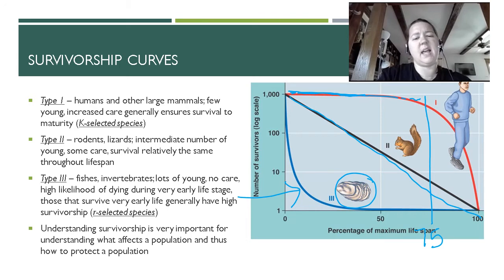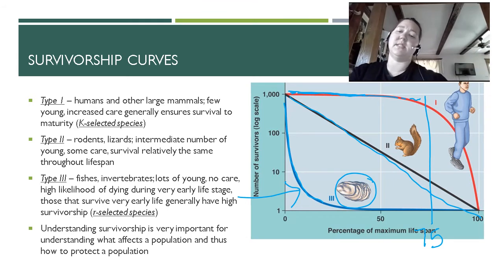Okay, so like I said, a lot of times when you think about it, external fertilization falls into this category because it fertilizes out in the water, and then they fall wherever they may. So with type 3, you end up having this really steep drop off at a certain age. Okay, and so this is actually percentage of lifespan, but hey, humans can live to 100, so that's okay.